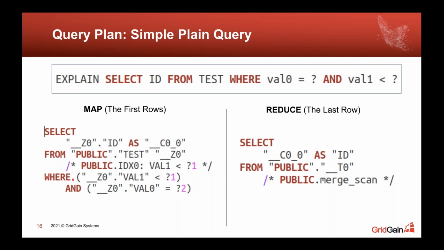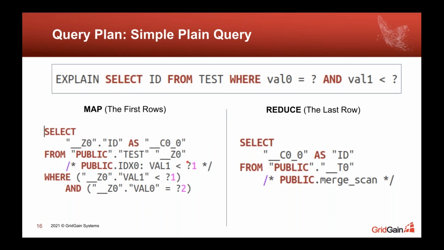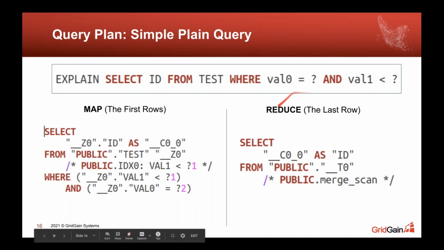Each row describes one query stage. For this particular query, it would be just two rows, the first one and the second one. The last one is always the reduce part, so it's the second one in this case.